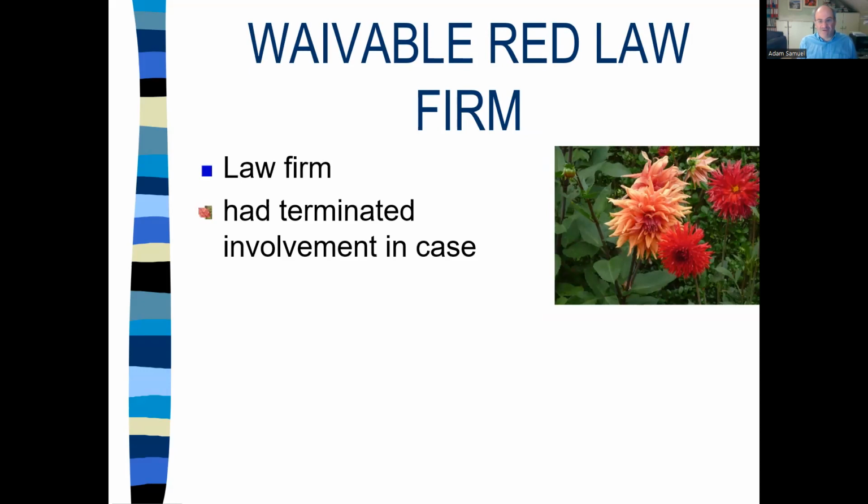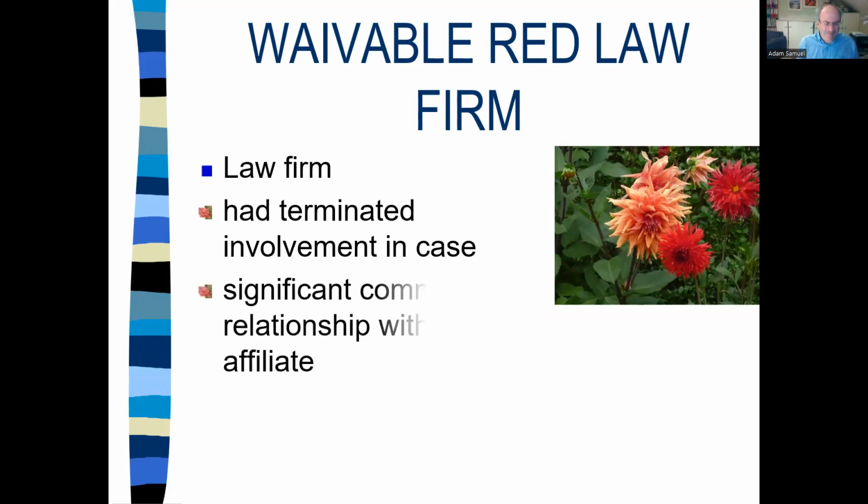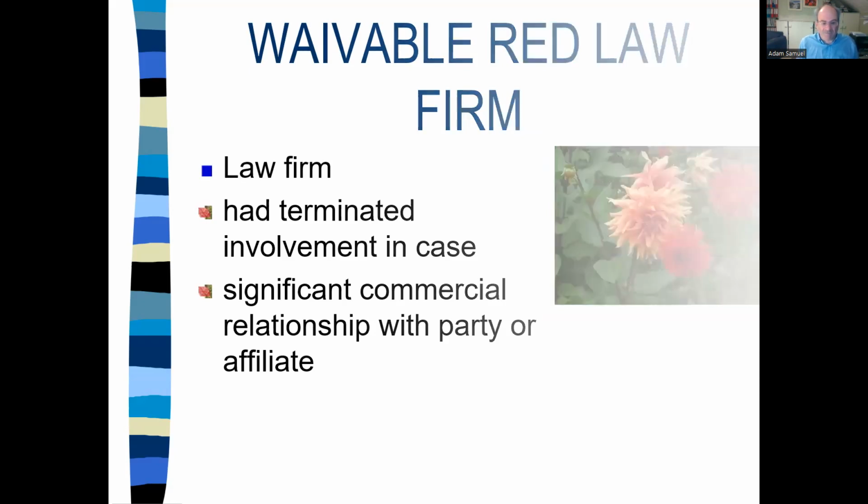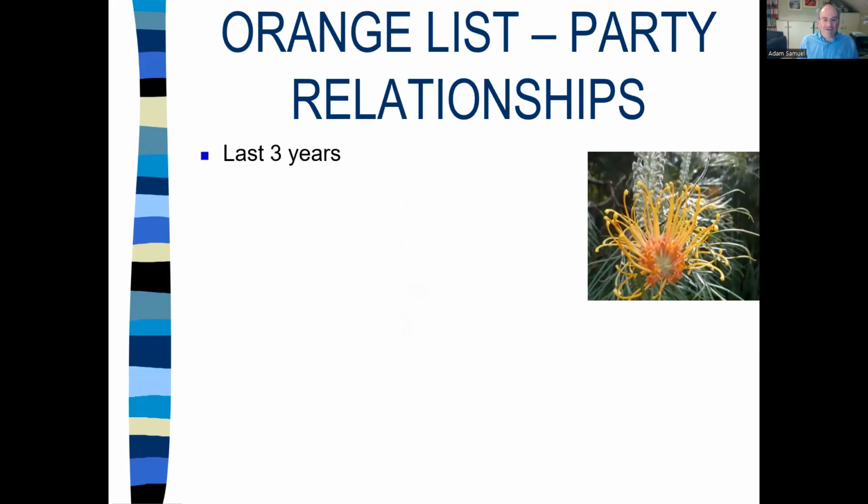Law firm previously involved in the case, that you do need to know as an arbitrator, and probably do know anyway, or has a significant commercial relationship with the party or affiliate, even though they're not currently giving advice to that party. On the orange list, now you only have to disclose you've been counsel for or against one of the parties, or consulted.